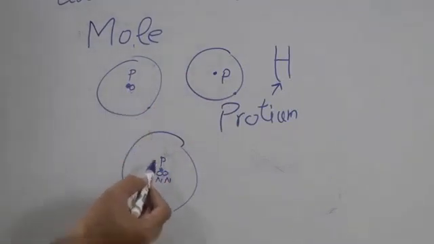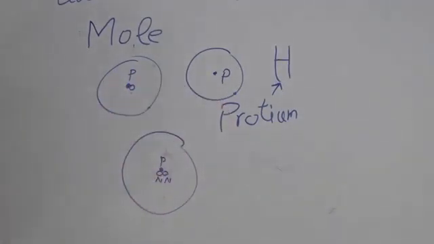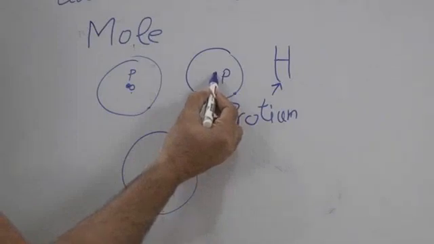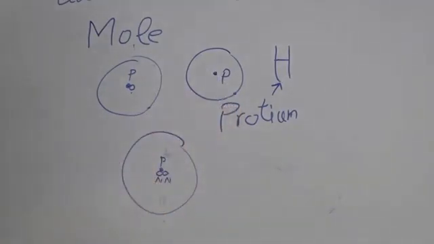Neutrons only add to the mass of the atom and do not contribute much to the chemical and physical properties, though they do, but not much. Therefore, this atom of hydrogen is the lightest atom in the universe.